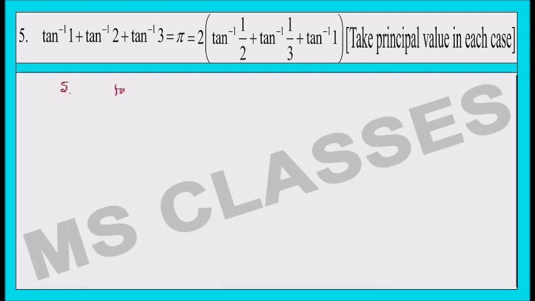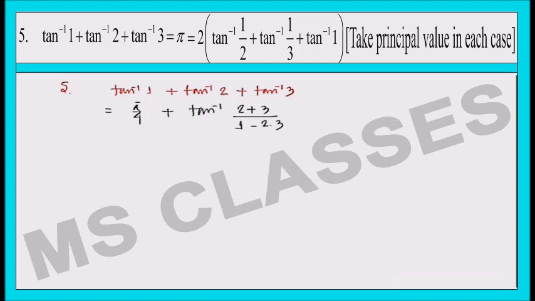Tan inverse of 1 plus tan inverse of 2 plus tan inverse of 3. Here, tan inverse of 1 means pi by 4. This one, tan inverse of (2 + 3)/(1 − 2 × 3). Now here, what I have done?